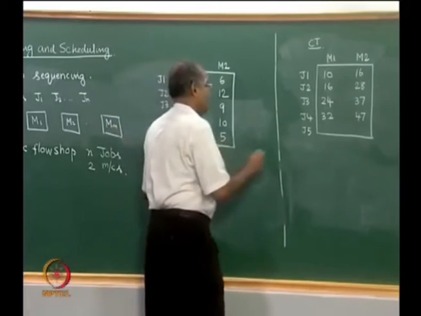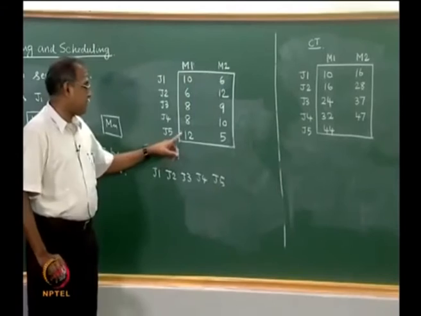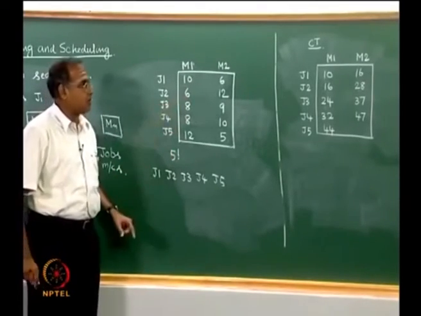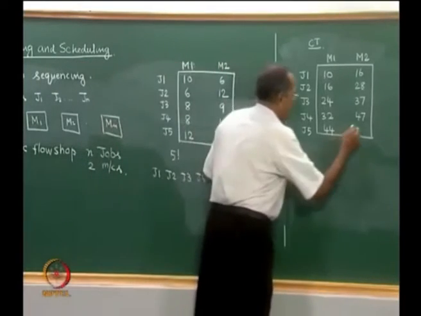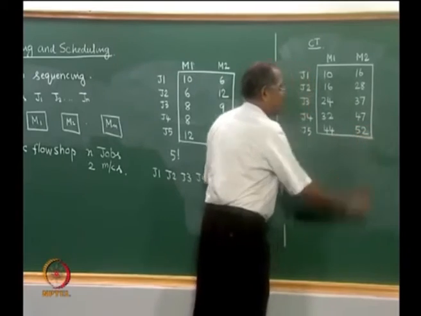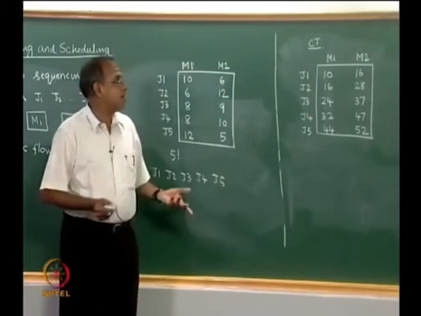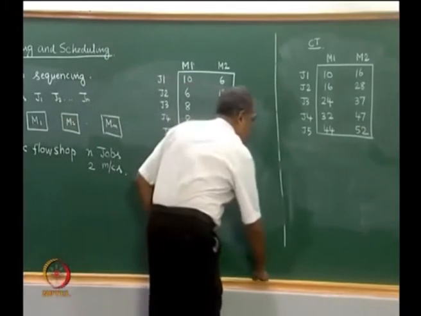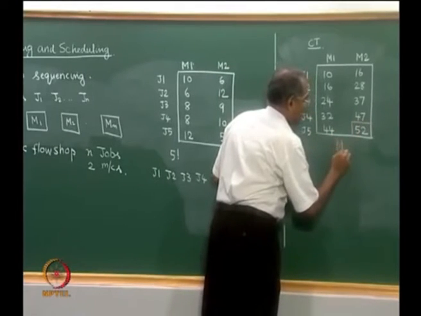So, it starts at 32 and finishes at 44. 32 plus 12 is 44, and then it has to wait for 3 more time units to get into M2, starts at 47, finishes at 47 plus 5, 52, and at time equal to 52 all the jobs are over, and therefore, for this given sequence the make span is 52.